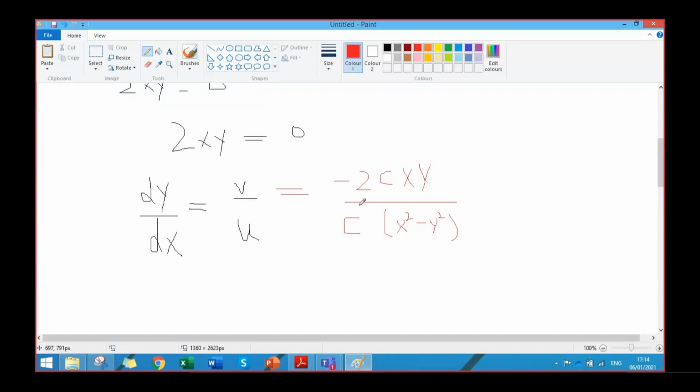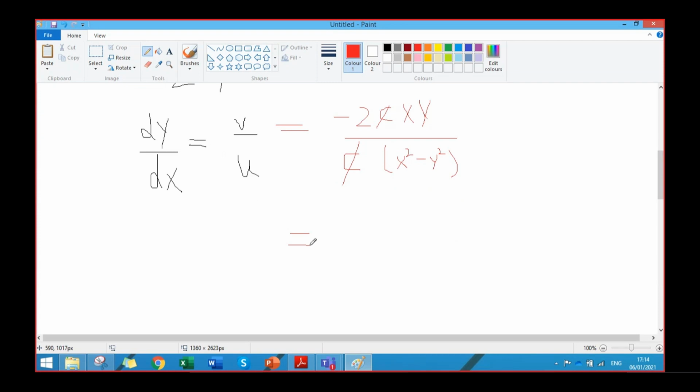So the c will cancel out with this c and you will have minus 2xy divided by x square minus y square.